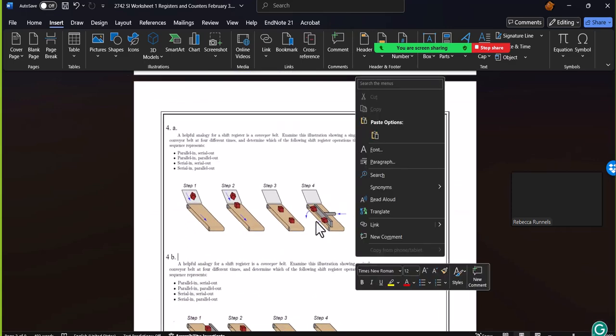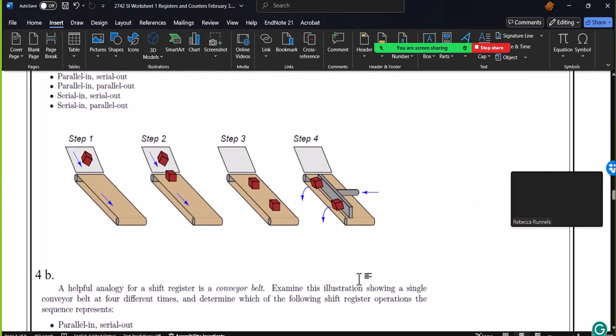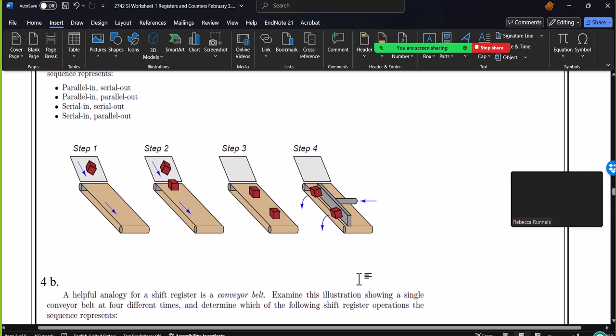Okay, so now we're just looking at this as an analogy for a register. And so we want to see whether it's serial in, serial out, parallel in, or parallel out. So imagine this as a little conveyor belt, and I've got little things falling on it. In this first one, I have step 1, step 2, step 3, and step 4.